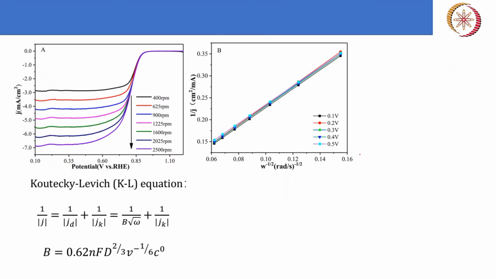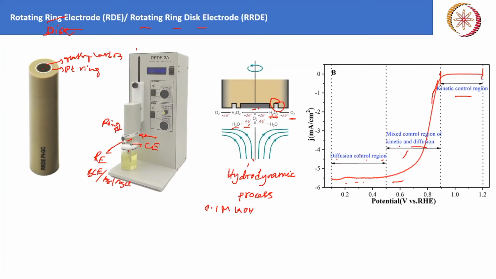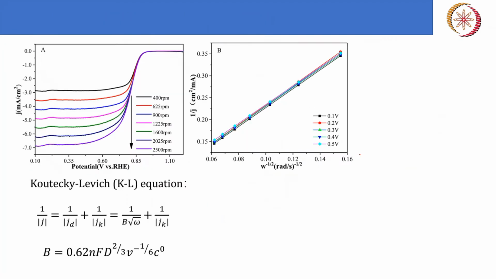So basically if you do it at different rotation speeds, then you will get this type of graph. Here you can see that with rotation the current value is increasing. As the rotation increases, the flow of electroactive species from the bulk solution to the electrode surface increases.